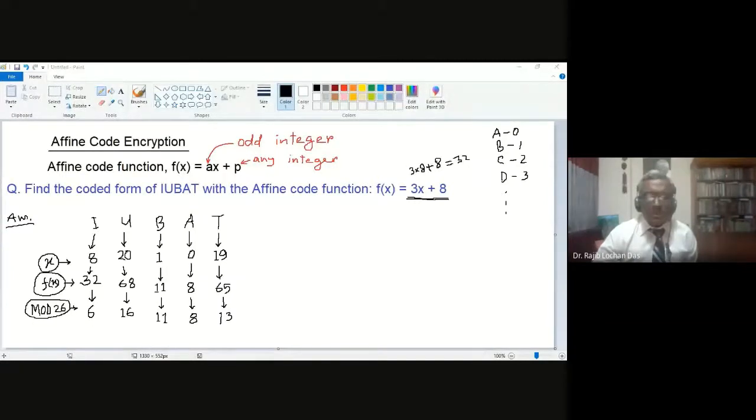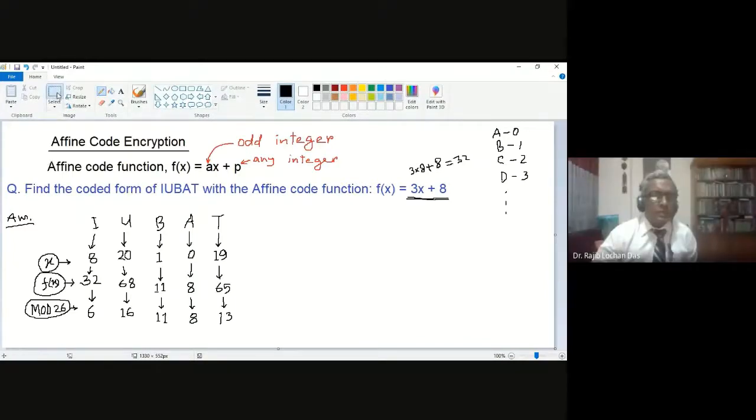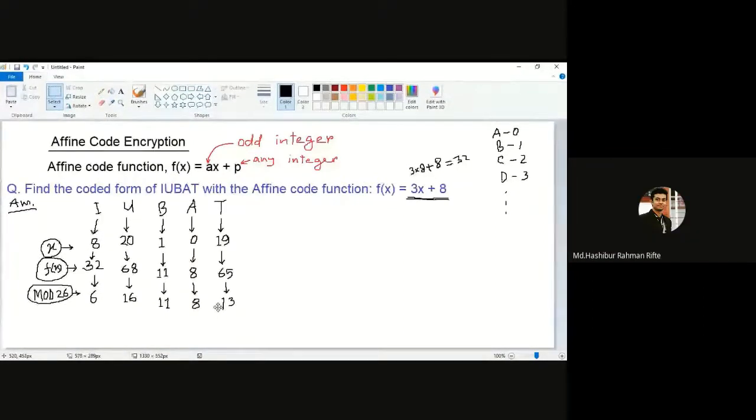putting the letters from the list. Yes, tell me, sir, what is your question? For 68, if we minus 26, then it will be 42, sir.